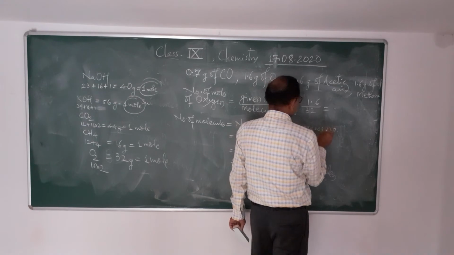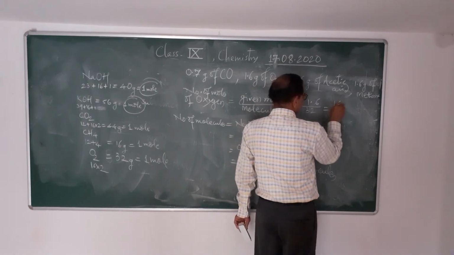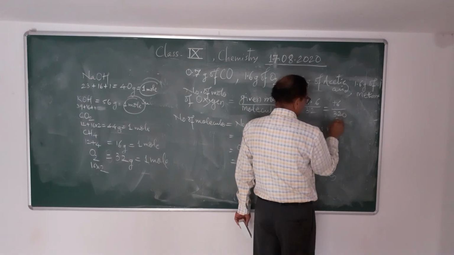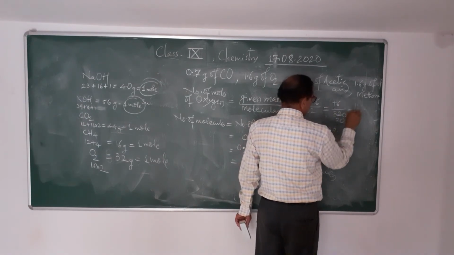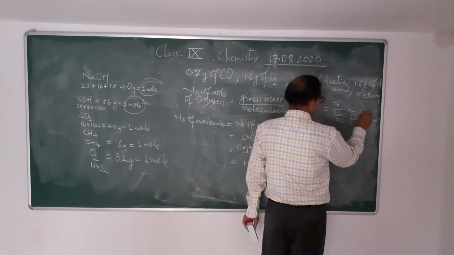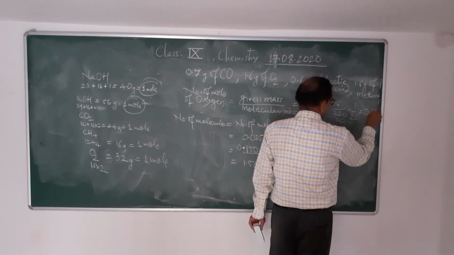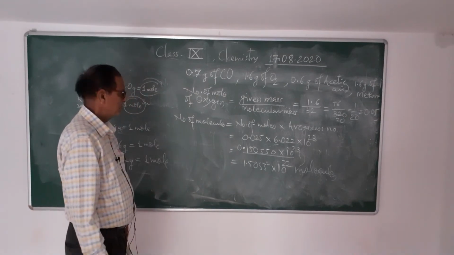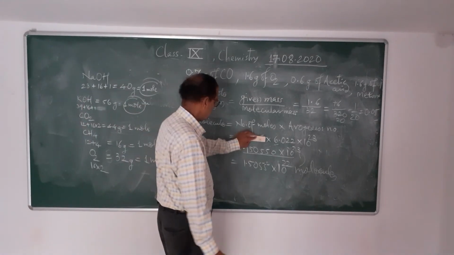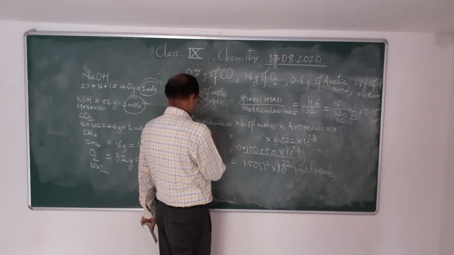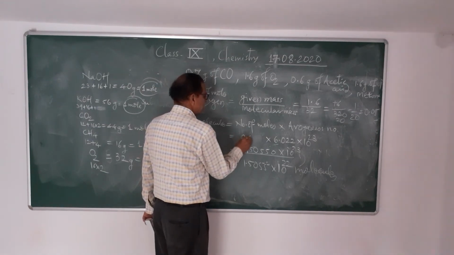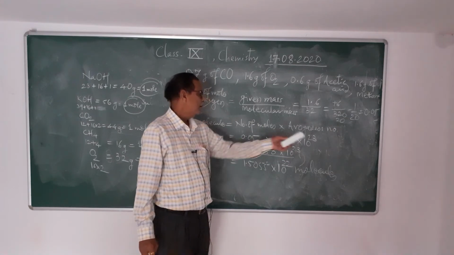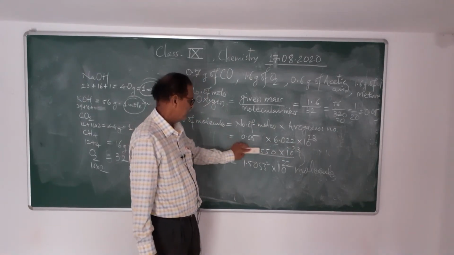So 16 upon 320 means 1 by 20, which is 0.05. So 0.05 here, and number of molecules is 0.05 multiplied by 6.022 into 10 raised to power 23.